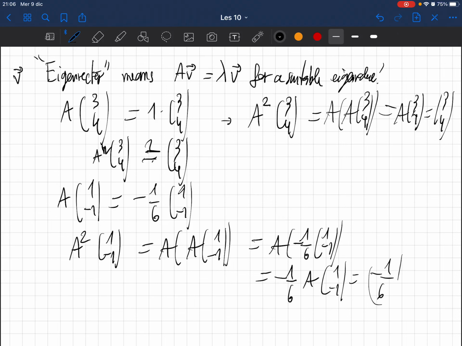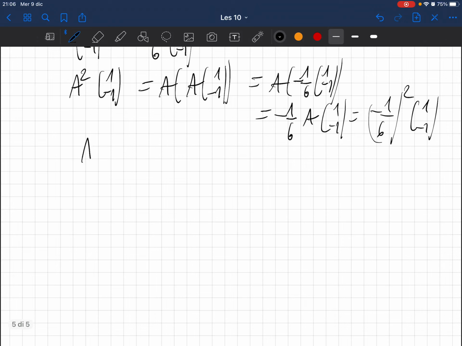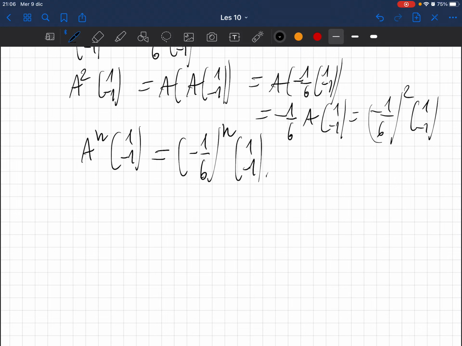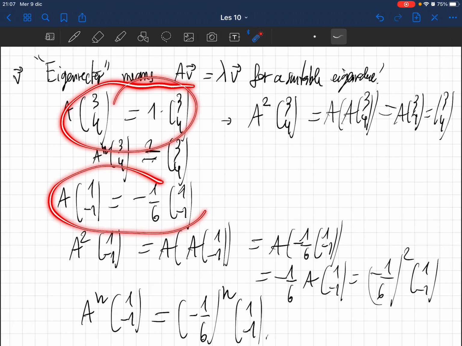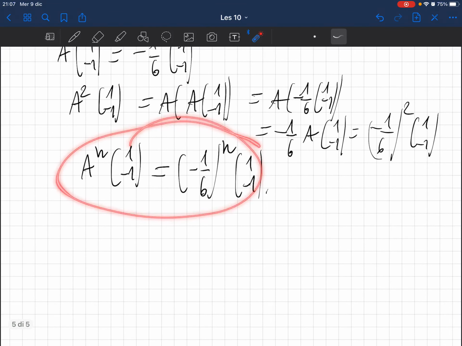So it's minus 1/6 to the second power, and again (1, minus 1). So in general, to compute A to the n on the eigenvector associated to minus 1/6, you just put the eigenvalue with the suitable power. Along eigenvectors, the powers of the matrix are very easy to compute. You don't have to know the full expression, but since you know this property, it is very important.